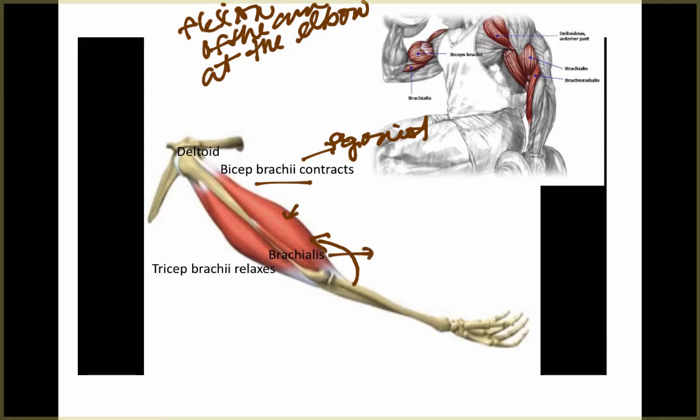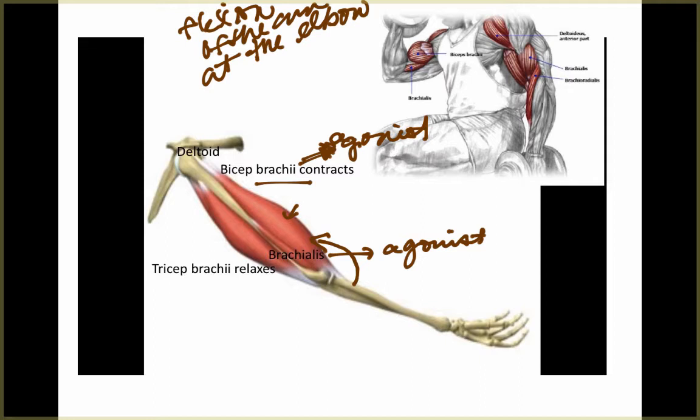There's something else that actually helps with that movement as well, which is the brachialis. So we have the biceps brachii here, and then we have brachialis here. These are both agonists. They're both going to cause movement. In this case, flexion, right?